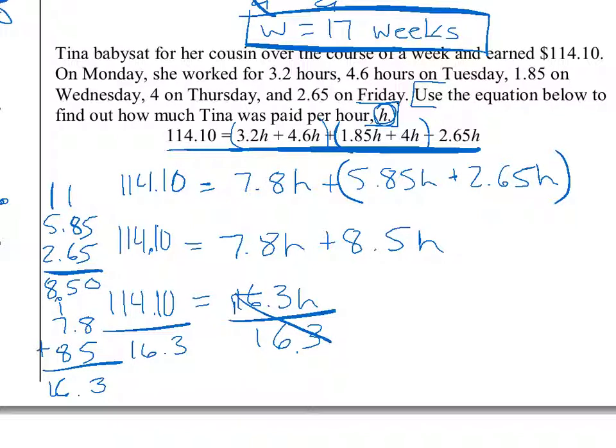And so I've got this division over here, 114.1 divided by 16.3, decimal one time, decimal one time.